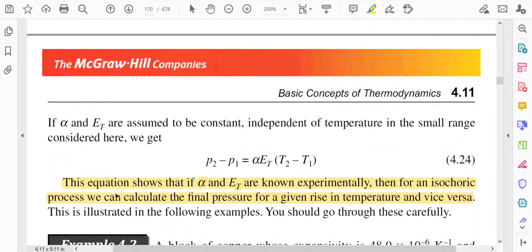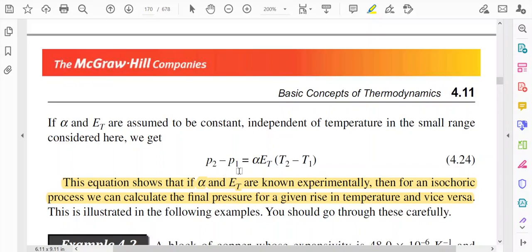Now this equation shows that if alpha and ET are known experimentally, then for an isochoric process we can calculate the final pressure for a given rise in temperature and vice versa, because you know the values of alpha and ET, and you will be informed about the temperature change and initial pressure. So with the help of equation 4.24 we can calculate the final pressure.